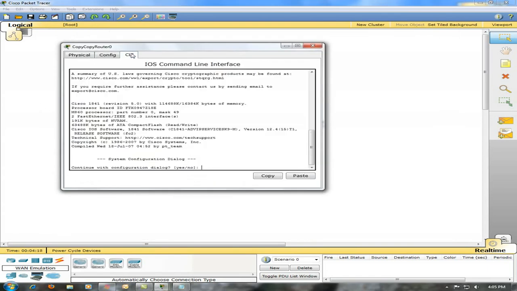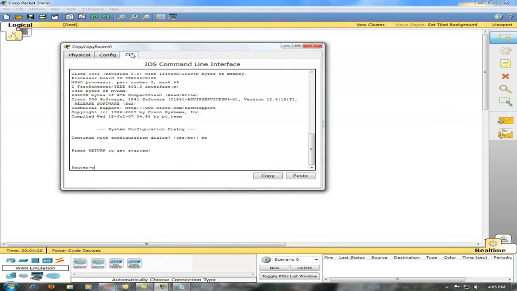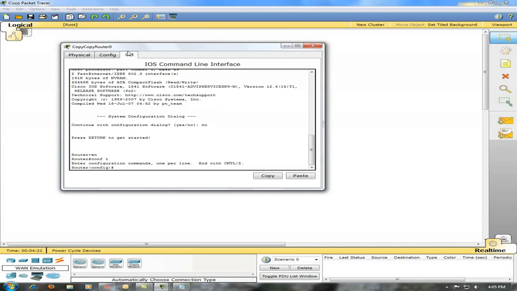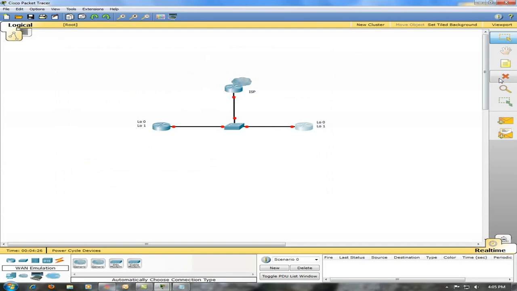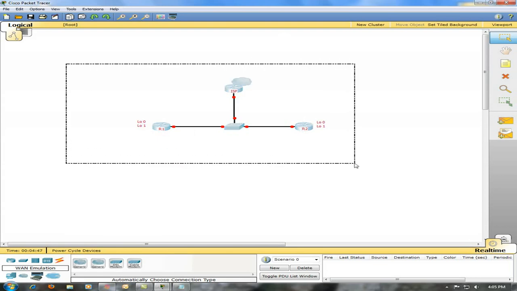Open up router 2, and paste everything in there. So router 2 and router 1 are both configured. There's router 1, and here's router 2. We're not going to do the same commands for ISP because he's the internet router. Alright. So there's the basic commands to set up this lab.